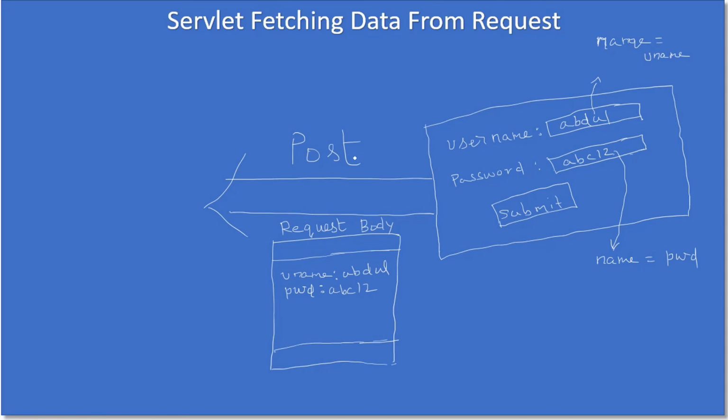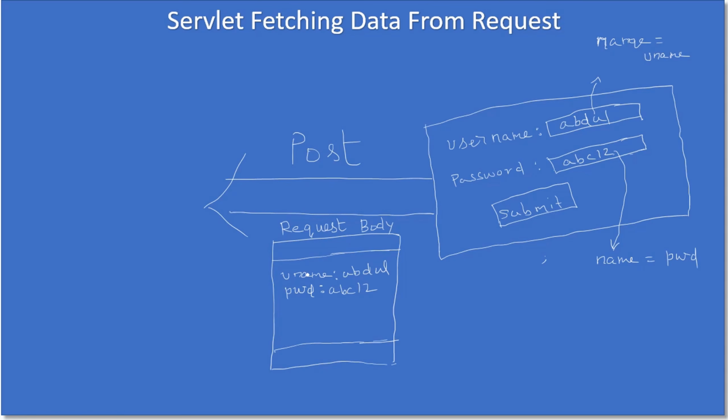If it were a get method, then this content would go with a query string, with a question mark, then username, password, for example username Abdul, password ABC123, and the URL parameters are separated by a semicolon. Here the data goes with the request body.